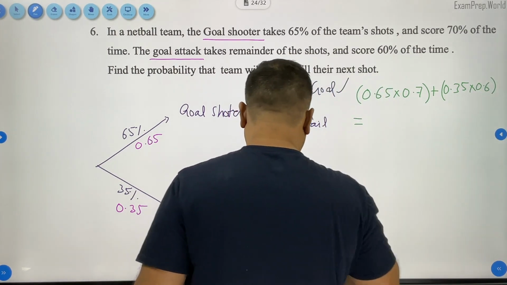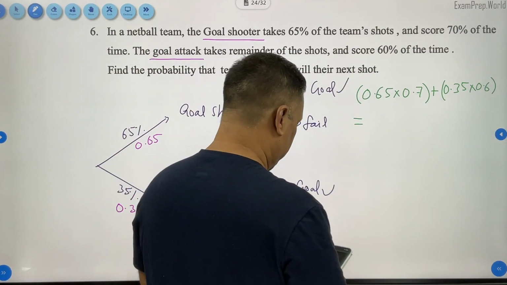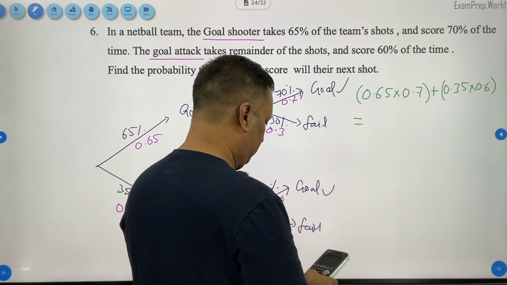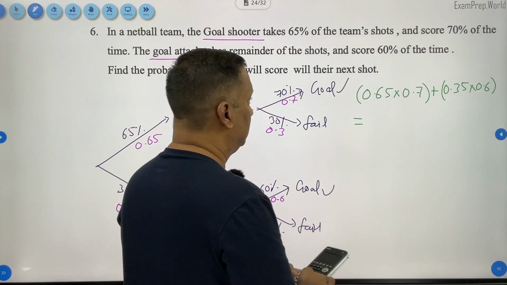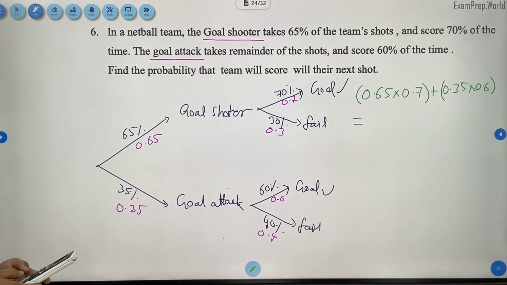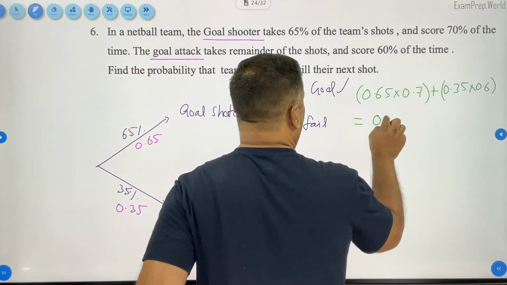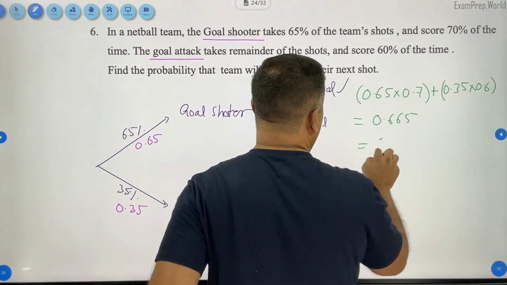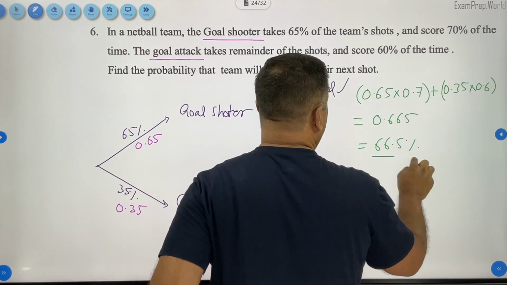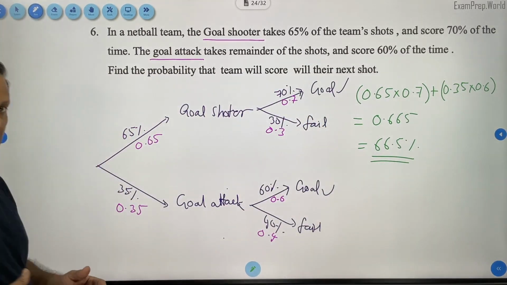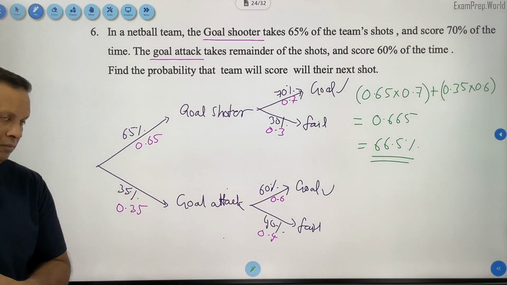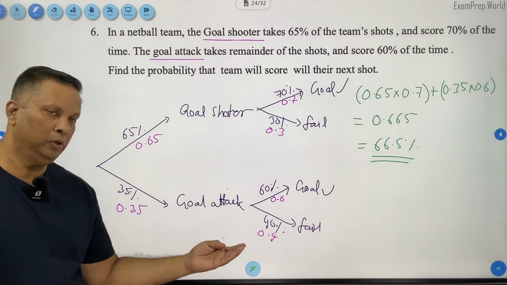Now calculate this and that should be your answer. 0.665. That means there is a 66.5% chance that the team will score a goal. So pause the video and write.